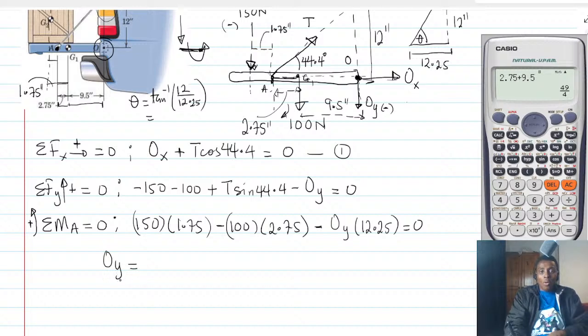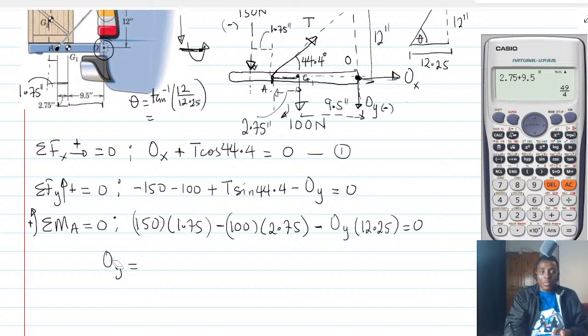Alright, so OY can be solved as, first of all, let's do this. 150 multiplied by 1.75 minus 100 multiplied by 2.75. That one is minus 12.5.